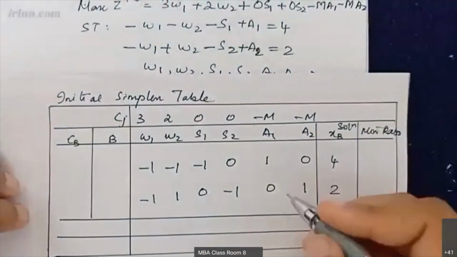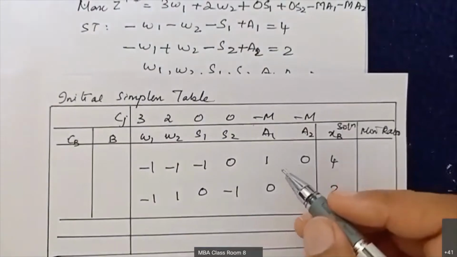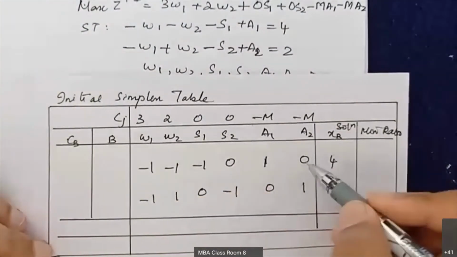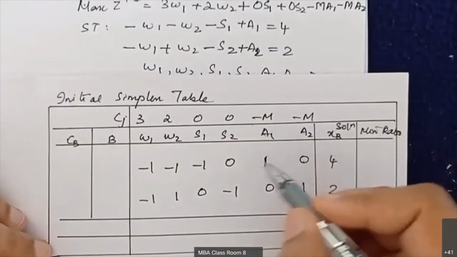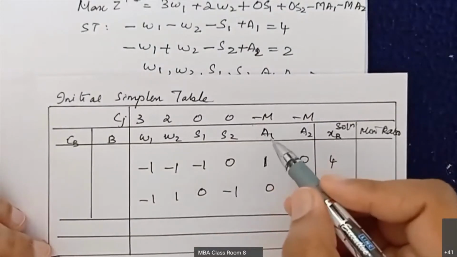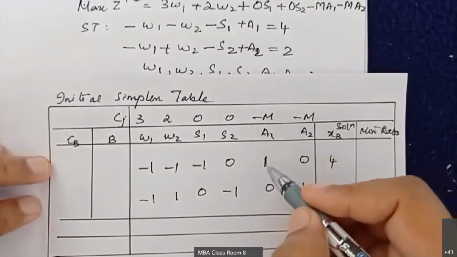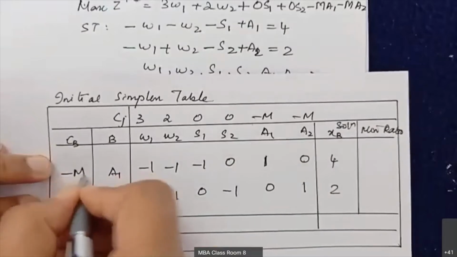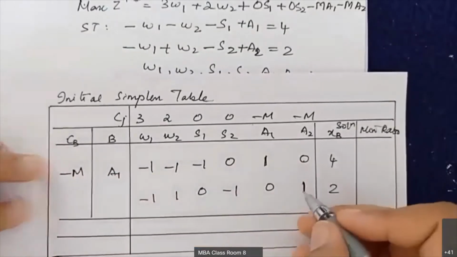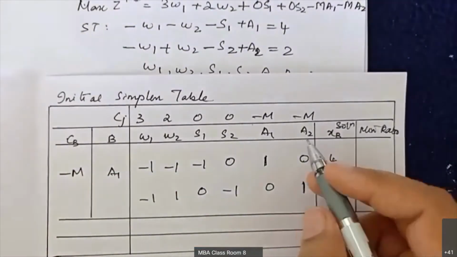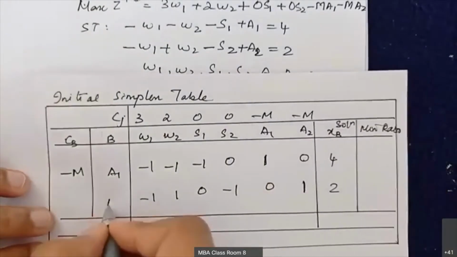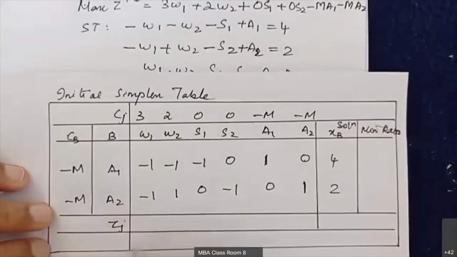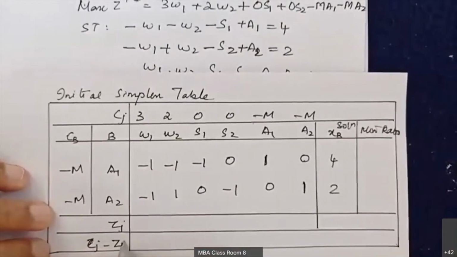Okay, now go for your identity matrix so that we introduce variables into the basic column. The identity matrix is given by 1, 0, 0, 1. Here 1 corresponds to the first row and the variable is A1, coefficient minus M. Similarly, in the second row, we have 1 over here, so the variable is going to be A2 and minus M. Okay, after doing so much, we'll go for Zj and Cj minus Zj.